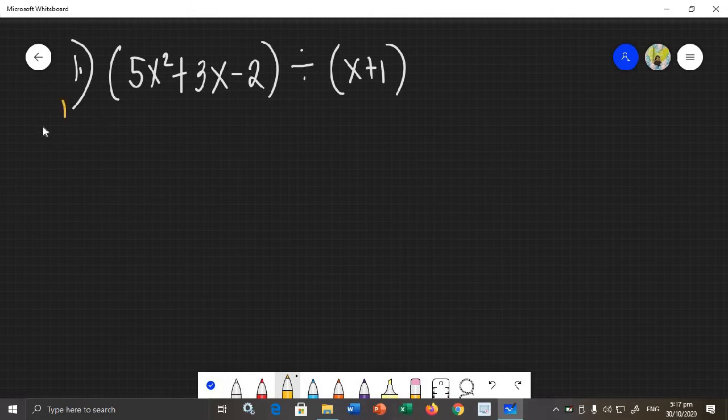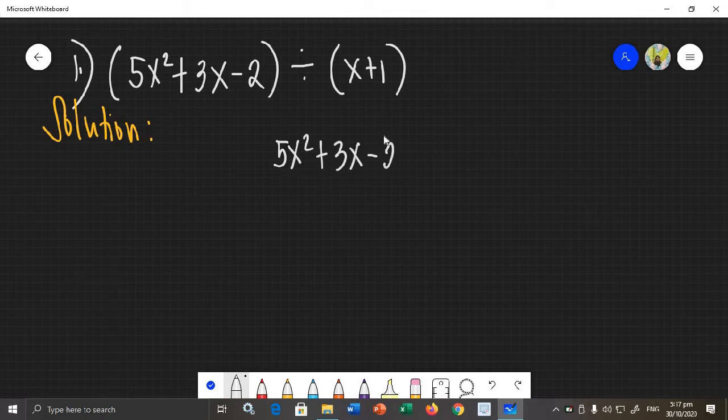So we will be rewriting the given, katulad ng ginawa ko kanina. I am going to rewrite 5x squared plus 3x minus 2 divided by x plus 1. Okay?